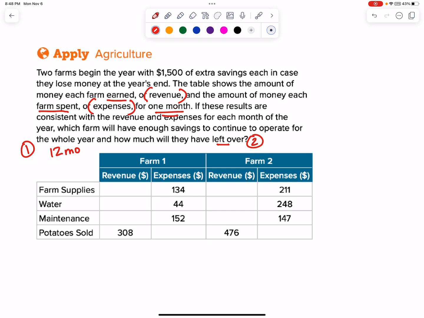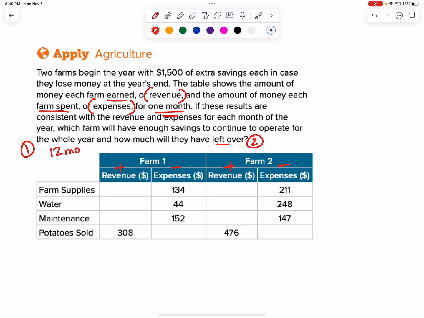So I know that they begin the year with 1,500 of extra savings. Let's go ahead and figure out where they're at with all these things. So we have revenue and expenses. You need to know what's positive and what's negative. So what they earn, remember up here, is revenue. So is that positive or negative? If you said positive, you're right. So revenue is positive, expenses is negative.